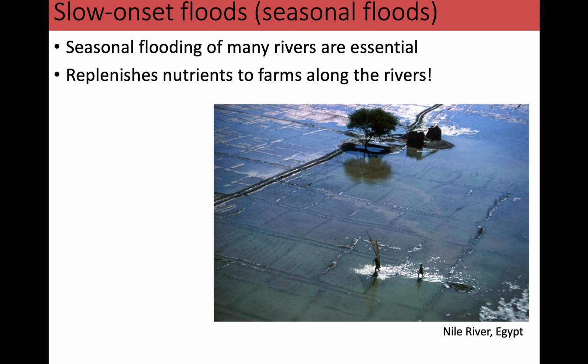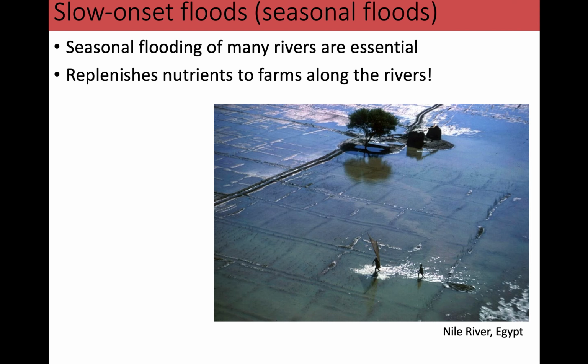Specifically, the Nile River in Egypt floods every year, and the farms all along the river actually rely on this flooding to bring nutrients to their crops, to their soil. So when the floods are small, when the floods are not as bad, it's actually a bad thing, because that means not as much of the farmland has been deposited with new nutrients.